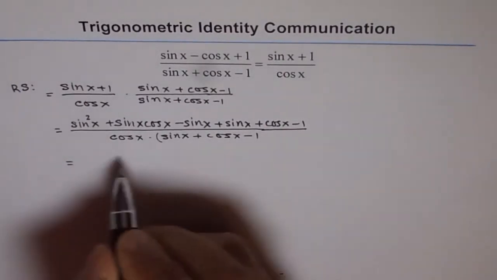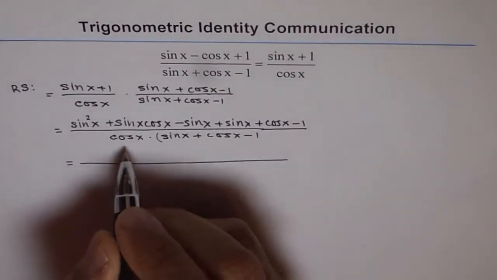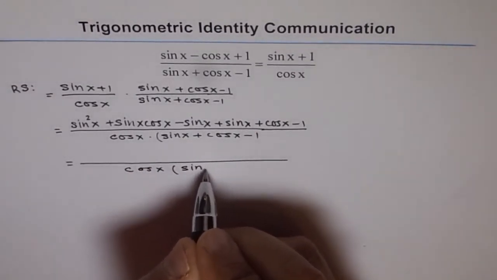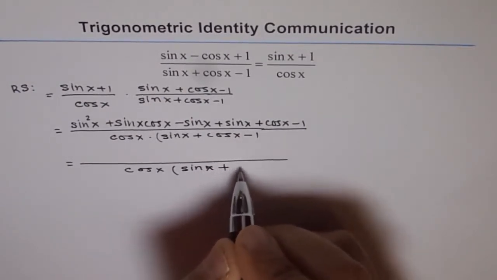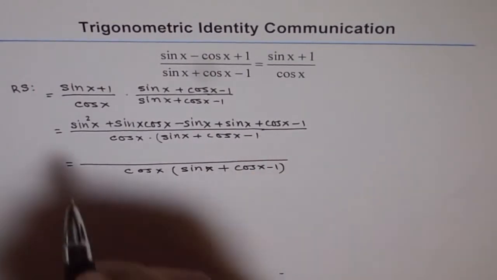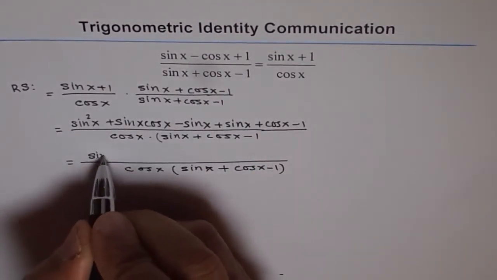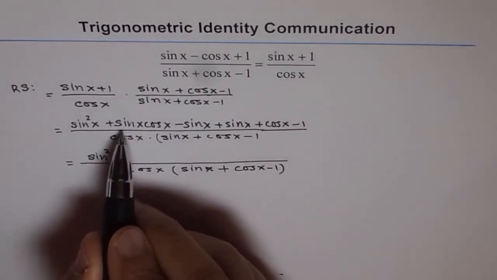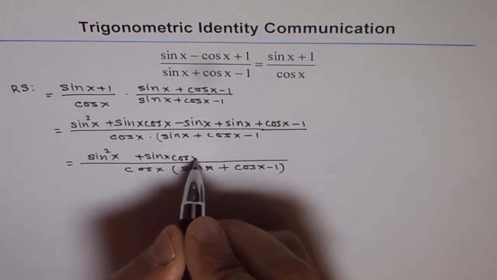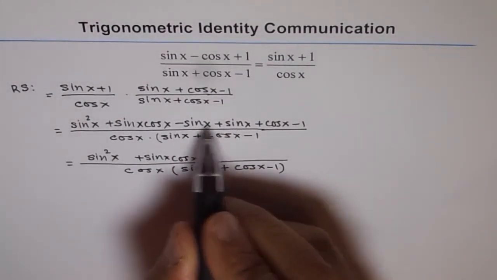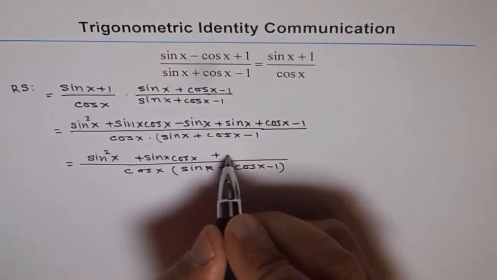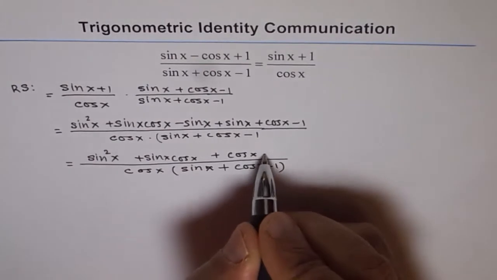Now let's see if we can simplify this a bit. We have the denominator as such, which is cos x times (sin x plus cos x minus 1), and in the numerator we have one term with sin square x, plus sin x cos x, and sin x minus and plus will become 0, so then we have plus cos x minus 1.